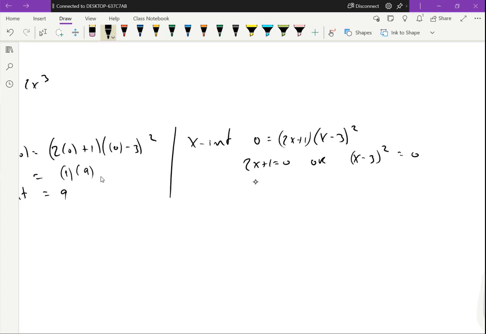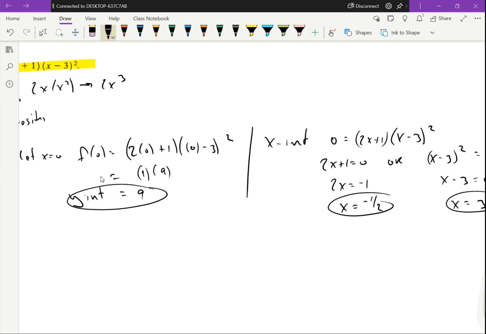If we start solving, we subtract 1 from both sides, then divide by 2. So one x-intercept is negative 1/2. Then we take a look at our other intercept. We take the square roots on both sides. The square root of 0 is still 0. Add 3, so we have another x-intercept at 3. So we'll put these y-intercept and x-intercepts.